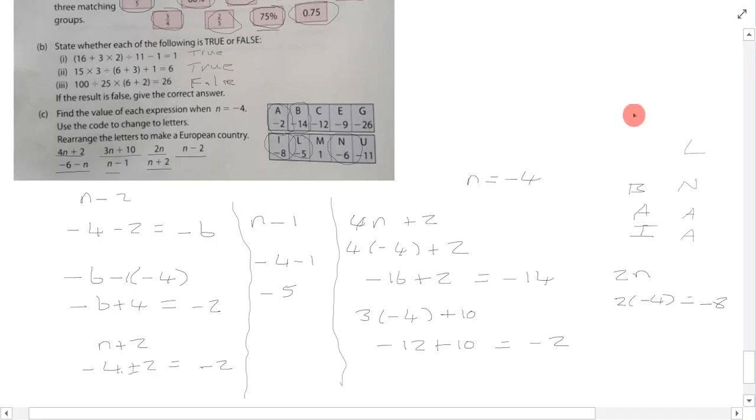So if we think about the letters that we have, we've B, A, I, L, L, N, A, A. What kind of countries do we have? So let's have a look. It has to be a country within Europe.